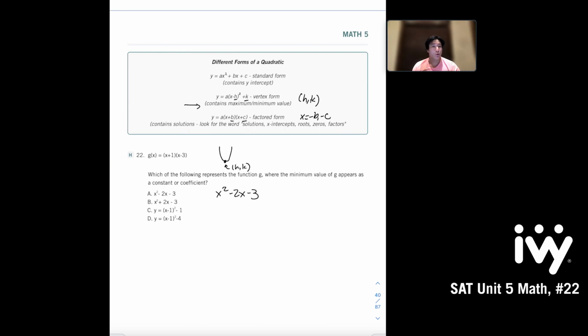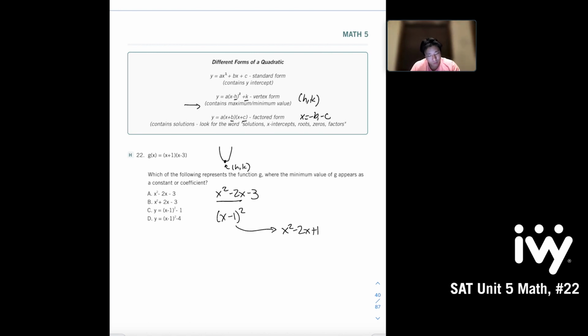Now, we have to go ahead and complete the square so that we end up with an a times x minus h squared component, because that is what we need. So let's look at this component here, and to complete the square, we would need x minus 1 squared, which is going to be equal to, in its entirety, x squared minus 2x plus 1. However, what we have is x squared minus 2x minus 3.